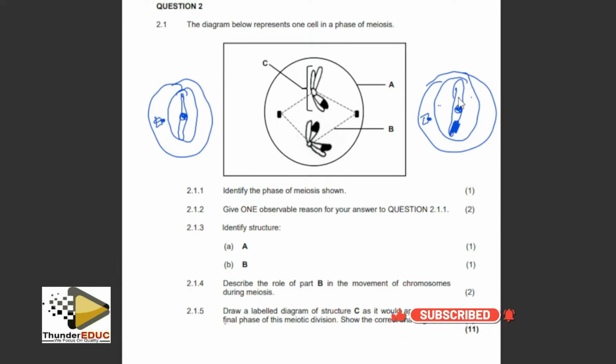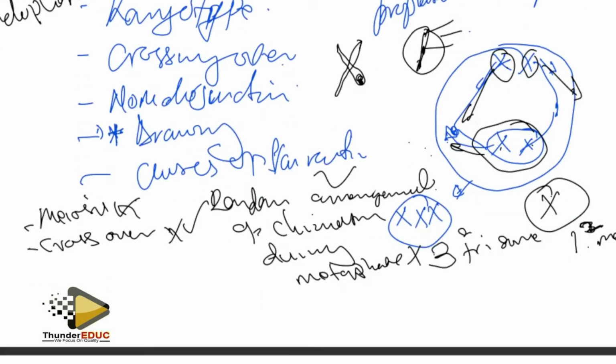Then after that, please give a title and then you label cell membrane, nuclear membrane. Now, okay, you can talk about centromere, and then now this is not a chromatid. This is a chromosome. The chromosome I talked about, these are called unreplicated chromosomes. These are unreplicated chromosomes.